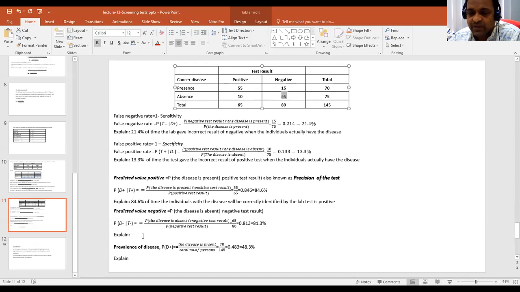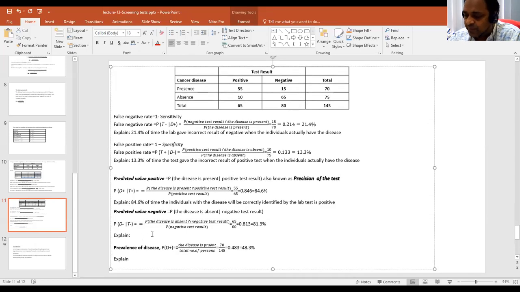Similarly, you can write 81.3%. If you want, you can pause the video for 3 minutes and write the interpretation or explanation, then match it with me.